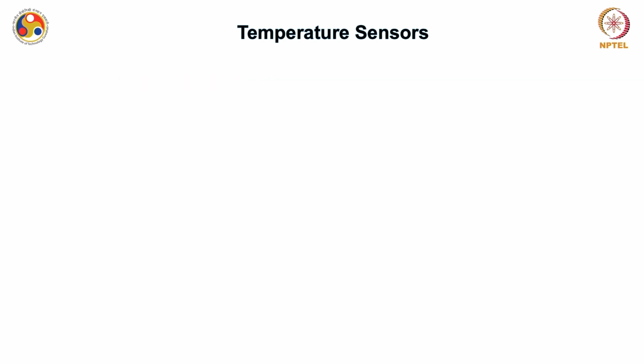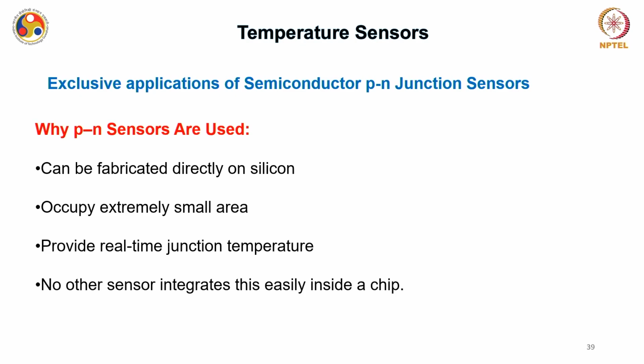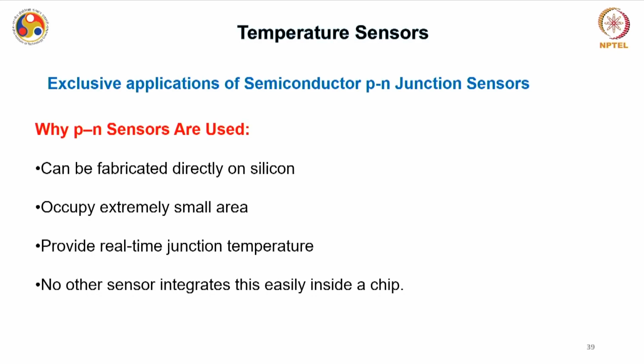So, this is in general about the PN junction as a temperature sensor. PN junction devices are very popular where you want to use them for on chip applications. They can be fabricated directly on silicon and they occupy an extremely small area. With your linear process by which you are fabricating your device, you can also fabricate your temperature sensor.